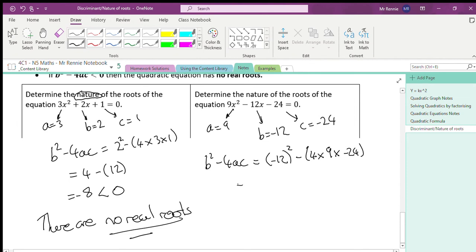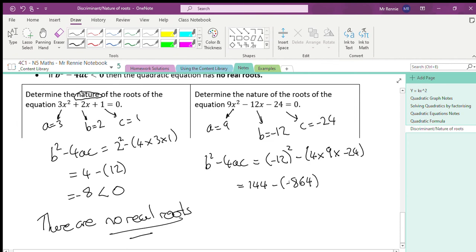Negative 12 squared, well the fact that we square a negative means that we get a positive, so that's going to be 144. Take away 4 times 9, that gives me 36, and if I times that by negative 24, I get negative 864. This would be a question that you would be allowed a calculator for.